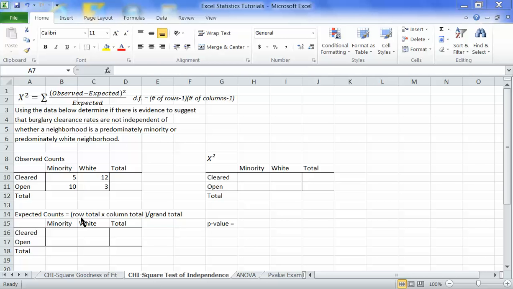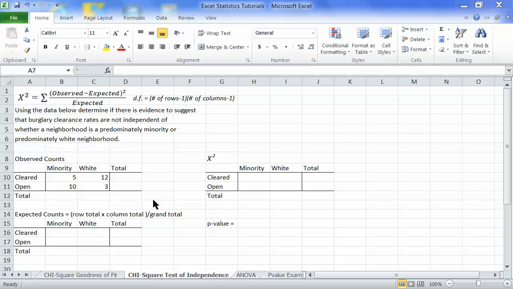So I have some data here in a two-way table that shows whether the burglary was cleared, in other words, solved, or whether it's still open or unsolved. And then it's also categorized by whether it's a minority neighborhood or a predominantly white neighborhood. And we want to figure out, is the fact that a case is cleared or open related at all to whether the neighborhood is minority or white?